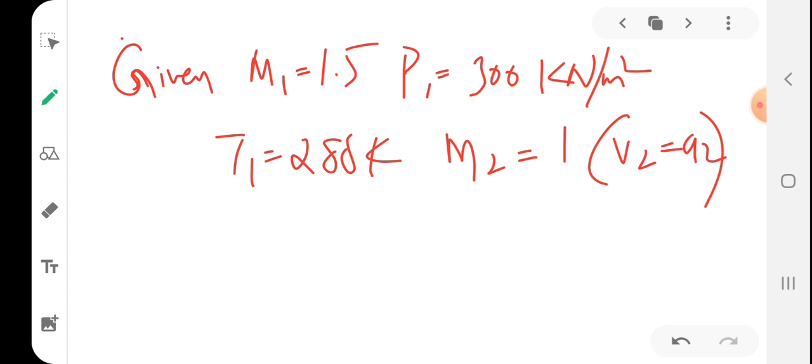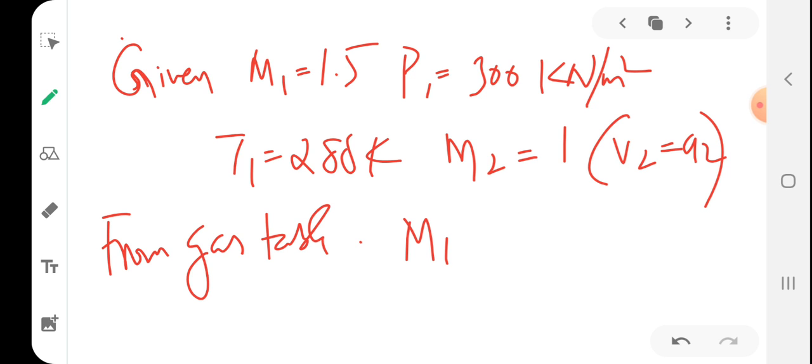So from the gas table, corresponding to M1 equal to 1.5, you will get T1 by T01.